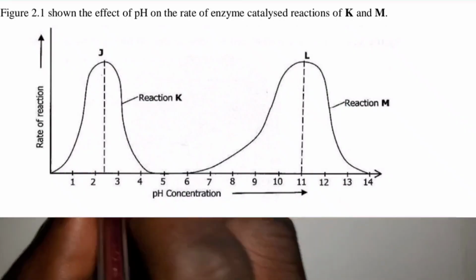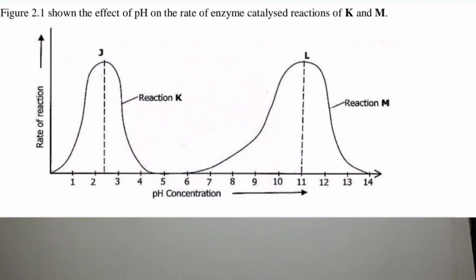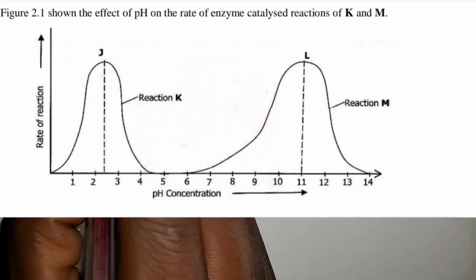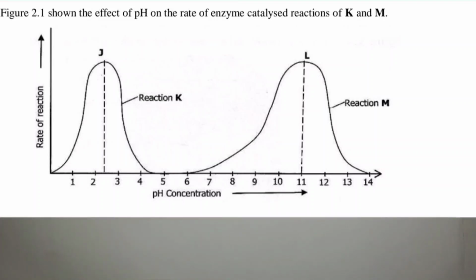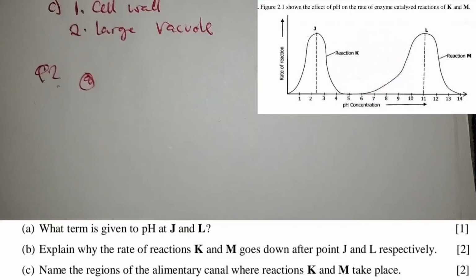So second question, which is question 2 of 2016, is saying figure 2.1 shows the effect of pH on the rate of enzyme catalyzed reactions K and M. All right, we have reactions K and M. So the question reads, the first one, A, what term is given to pH at J and L?